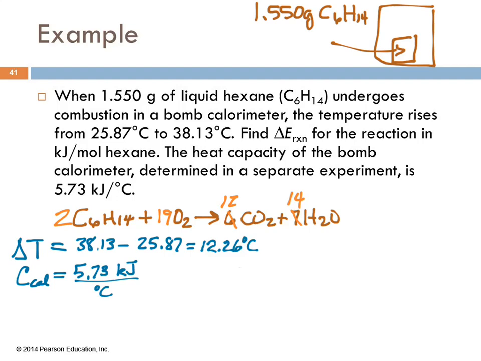What's unusual about that specific heat? Well, it's got kilojoules. It doesn't have grams in the denominator, right? The other ones were joules per gram degree Celsius, or calories per gram degree Celsius. This doesn't have grams in the bottom. That's because this calorimeter constant applies to this specific calorimeter.